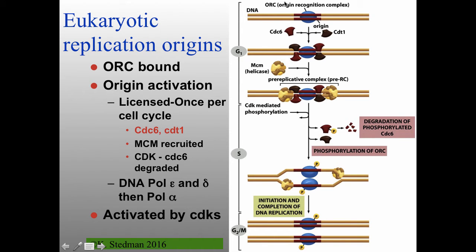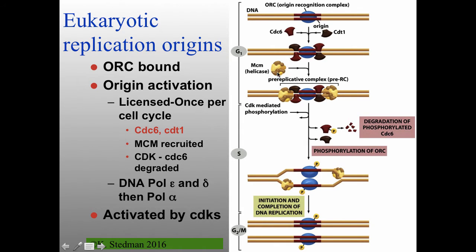Where on eukaryotic origins of replication, you have your origin recognition complex, it binds to that double-stranded DNA at that particular position. You have these two cell cycle proteins, CDC6 and CDT1, that then help get the helicase onto the DNA. But this hasn't started yet. And so this is getting back to your question here about, when does that actually happen?